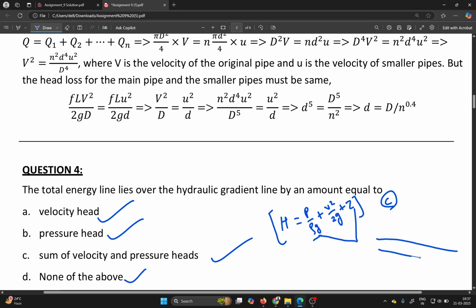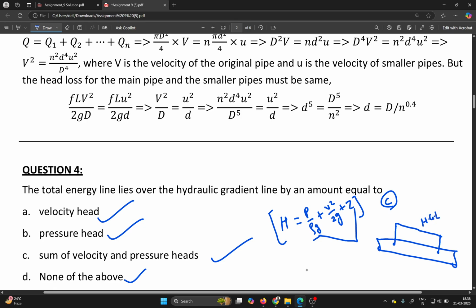If this is the pipe, let us assume, and you want to draw the hydraulic gradient line between these two points, you need to check datum head as well as pressure head, not velocity head. You will draw the line, and this will be your hydraulic gradient line.